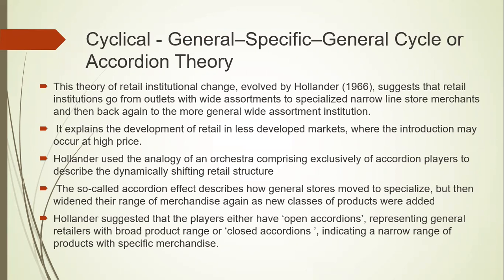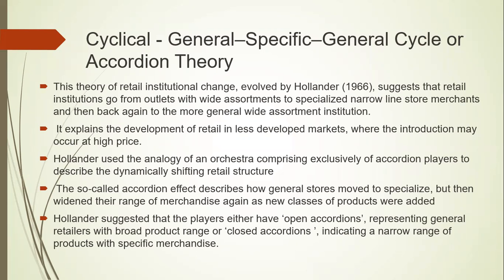So first they will be outlets with wide assortment, then they will focus on specialized narrow lines, then again they will come back to general wide assortment. It explains the development of retail in less developed markets where the introduction may occur at higher prices. So this theory is especially for the less developed markets.